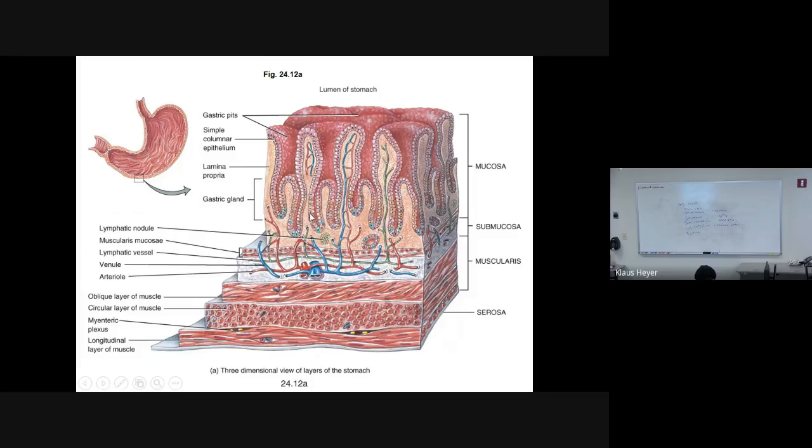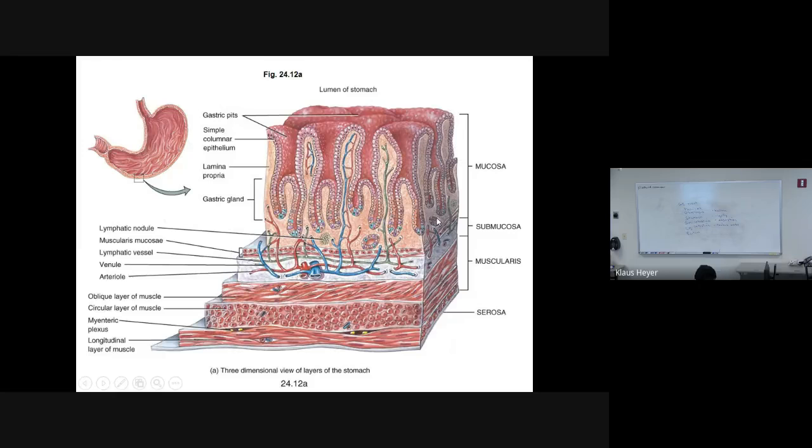They're going down and they're making gastric pits. This is where stuff is being made. So this is the lining of the stomach, the epithelial tissue. They look like columnar cells, right? So they're simple columnar epithelium. And there's different cells in here. There's 4 different types of cells, which are on this slide, and they're going to make different things.